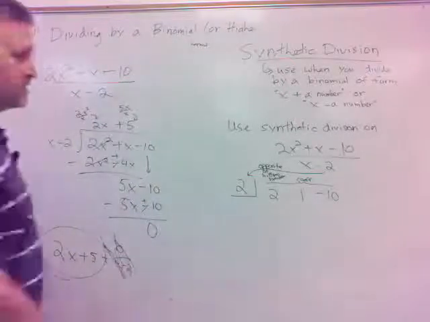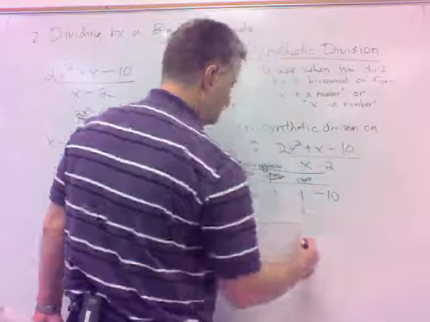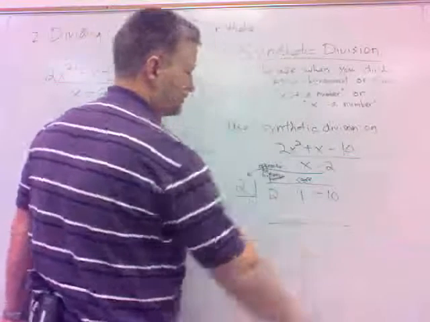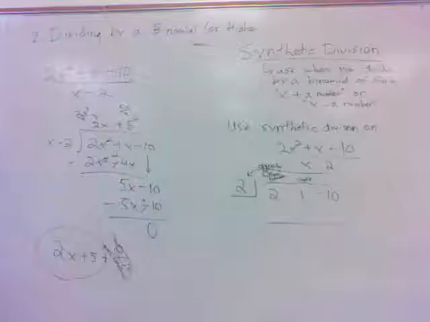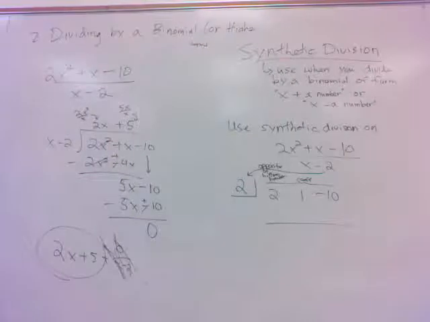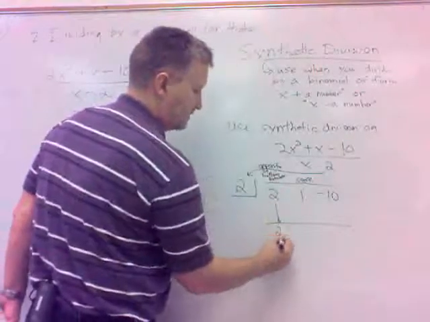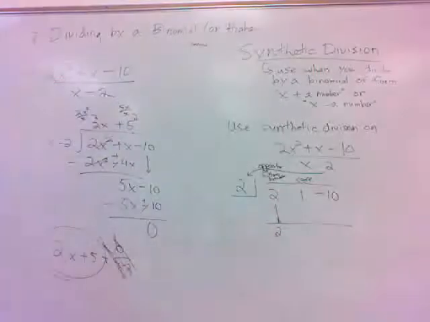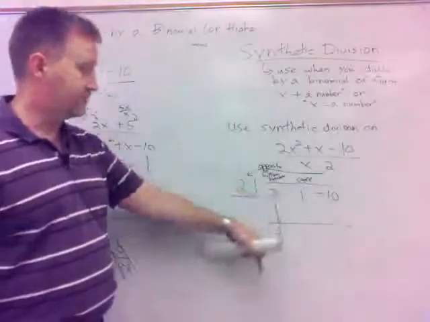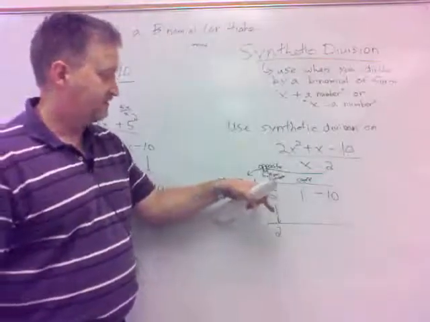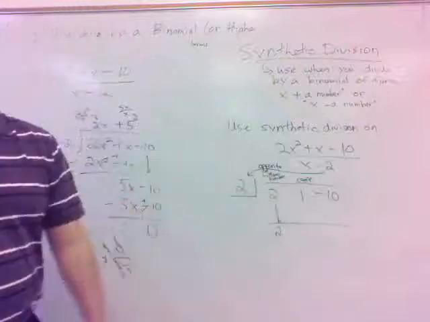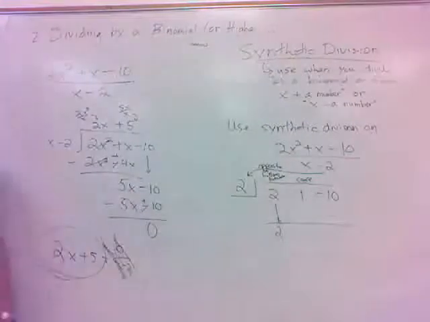Okay, so here's how it works. Skip a row and draw a line. This first number is just going to come directly below the line. The 2, if that had been 100, I put 100, or negative 5,000, I put negative. So that number comes directly below the line there. That gets it started.